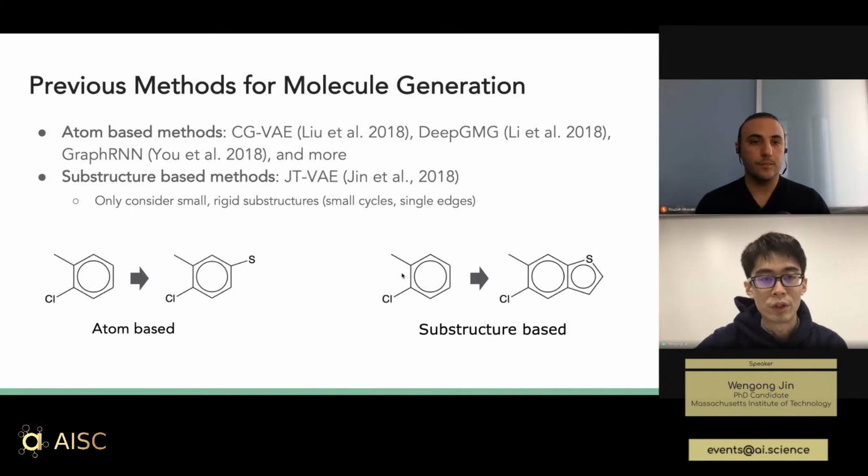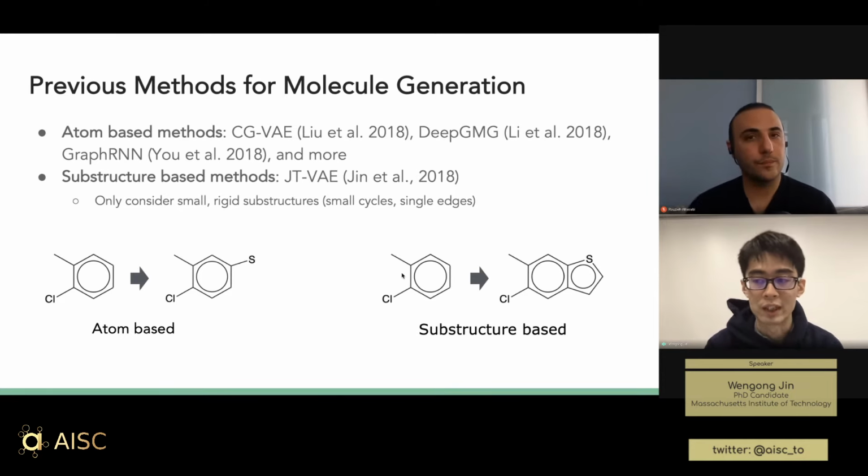So previous methods for molecule generation can be roughly divided into two categories. For example, we have atom-based methods like GraphRNN and more. These methods generate molecules atom by atom. At each step, the model will expand the molecule by one atom.